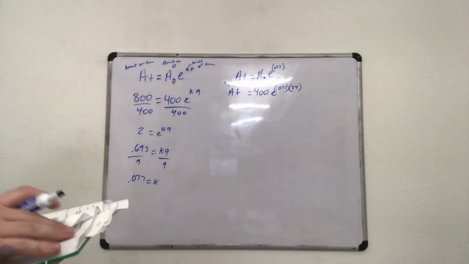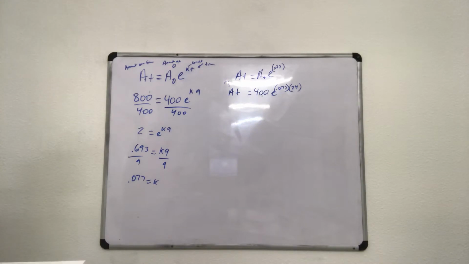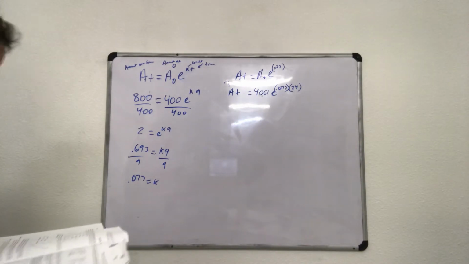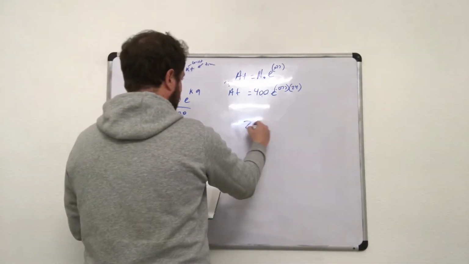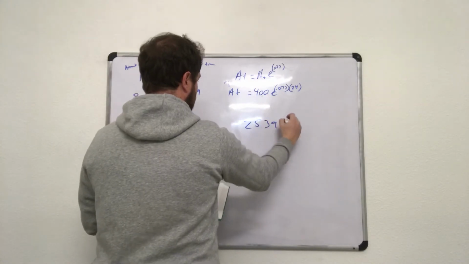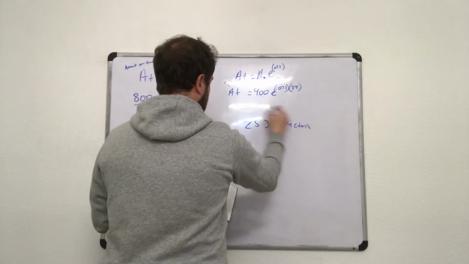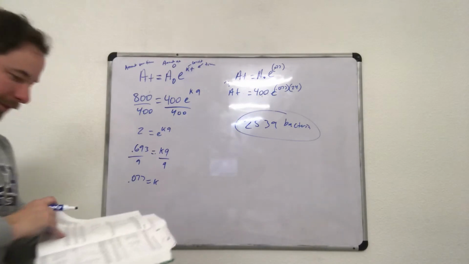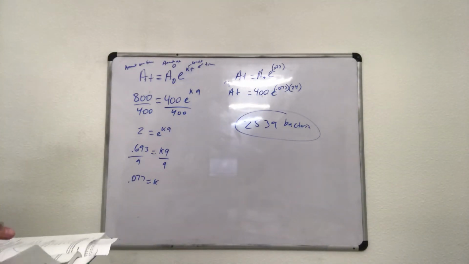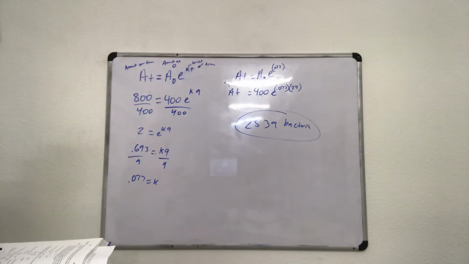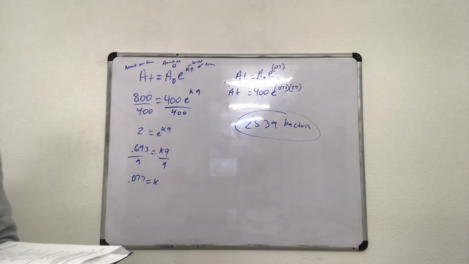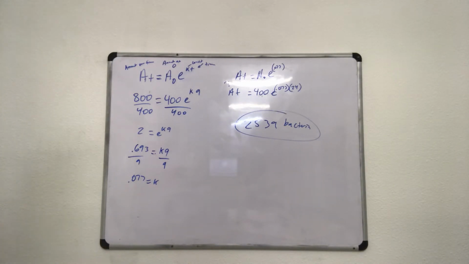You simply put that into your calculator, and you're going to get 2539 bacteria. All right, this is how to use this formula in order to solve for this over time. We can look at more of these in class, but this is the concept on how to solve this exponential problem.